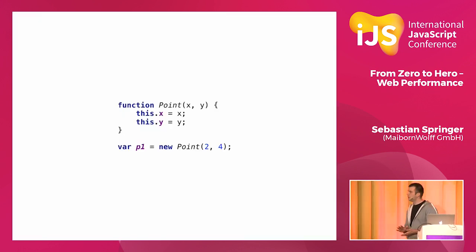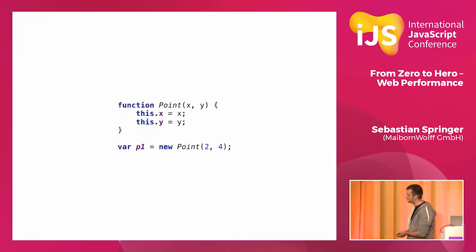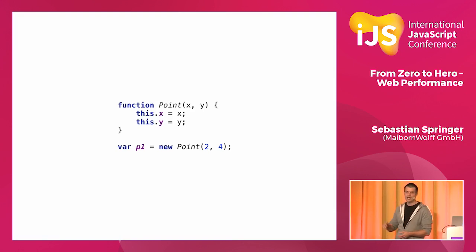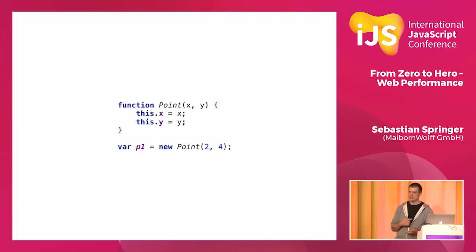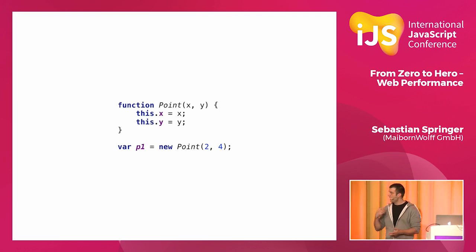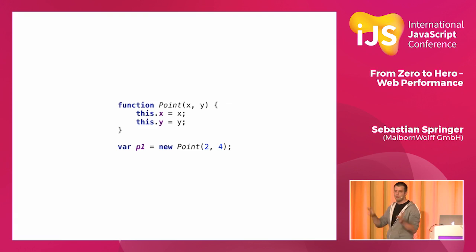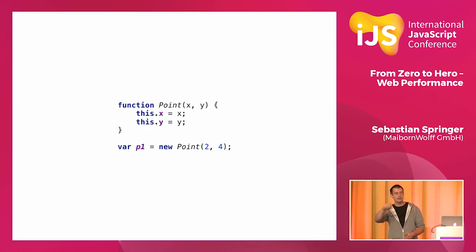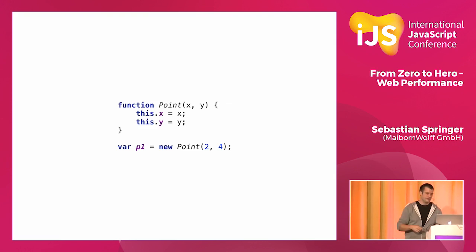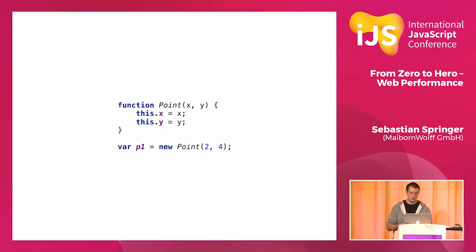Let's have a look at a typical JavaScript class. This is a class underneath the hood. JavaScript classes are transformed to constructor functions and prototypes and all that stuff. If you're working with a point class, you write class Point, constructor, X and Y, and so on.